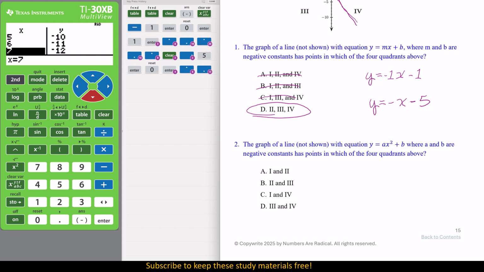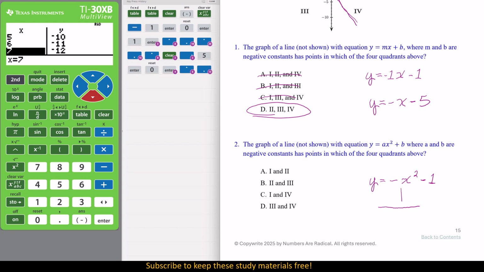Okay, now this is going to be a different situation because of that square. So we would have y equals negative x squared. And it says both negatives, so let's make it minus 1. Okay? What would that look like?